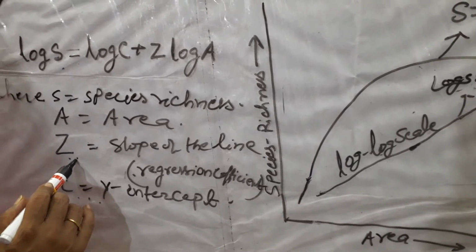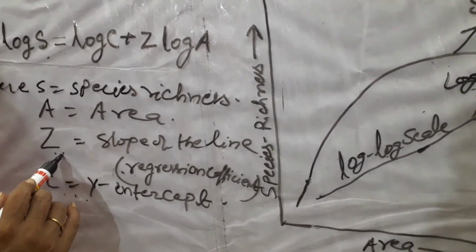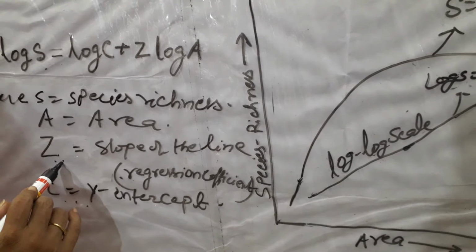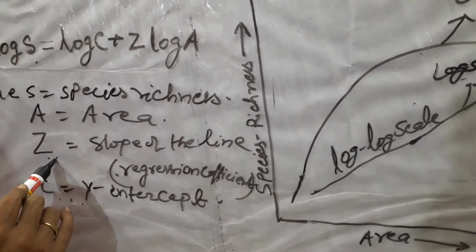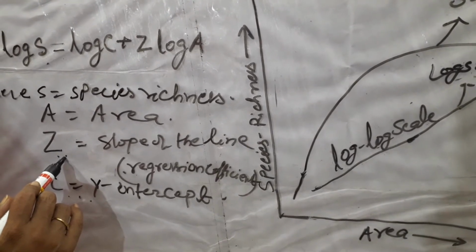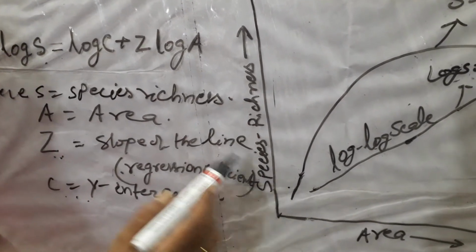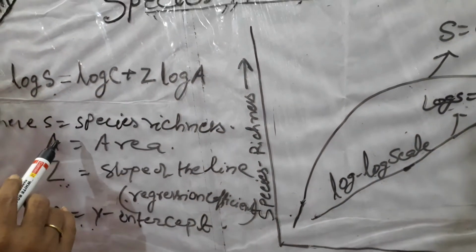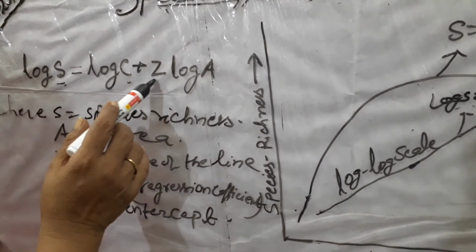The best example for this is frugivorous, fruit-eating birds and mammals in the tropical forests of different continents. The slope is 1.15. So this is the species richness-area relationship: log S = log C + Z log A.